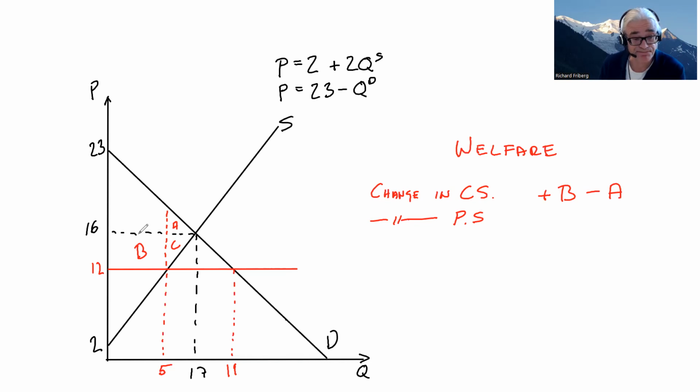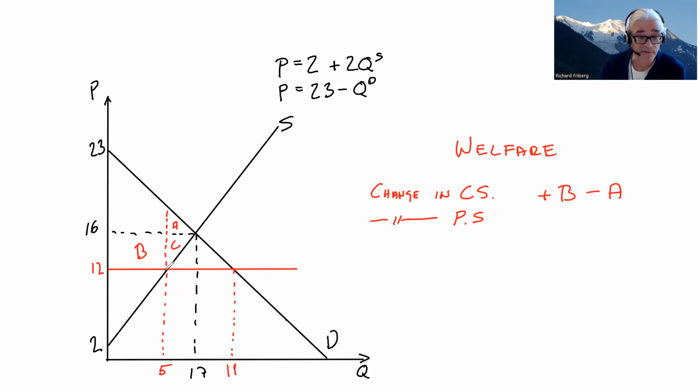So the change in producer surplus. Producer surplus is the difference between the price that producers are getting and what they in principle would be willing to supply for, which is the supply curve. So it's the difference between price and the supply curve up until the actual quantity. In the perfectly competitive market equilibrium, the area of this triangle is the producer surplus, whereas with the price cap, it's only this area.